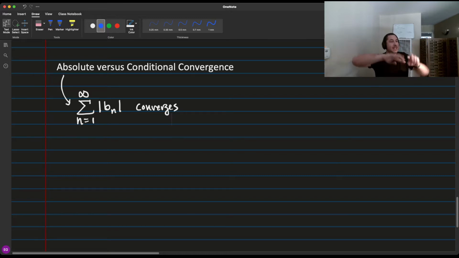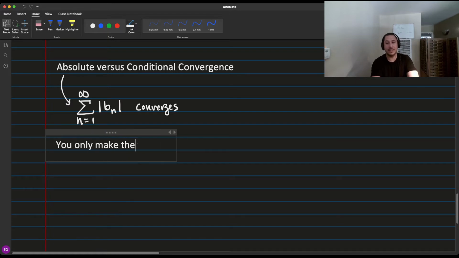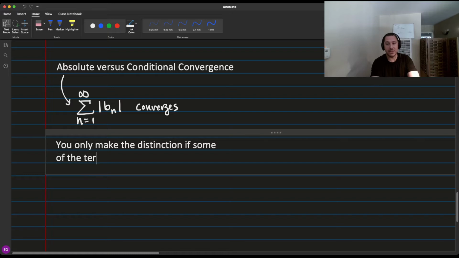If the b_n were all positive, absolute convergence is just regular convergence. So this only really applies to alternating series. You only make the distinction if you're starting with something that has negative terms, because if they're already positive, the absolute value of them is positive too.